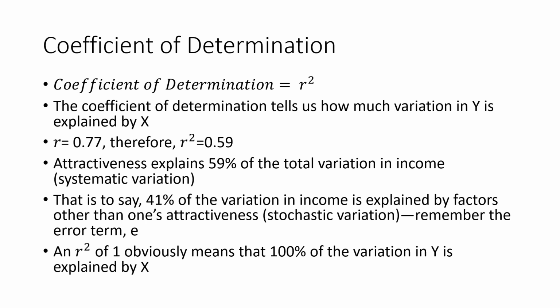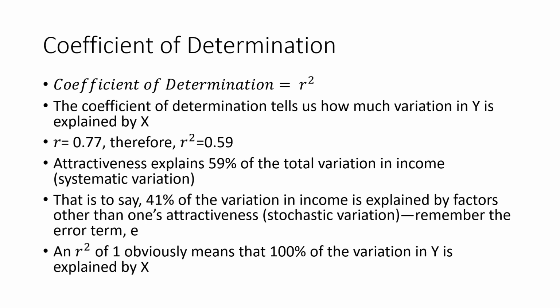Now, obviously, if we're only explaining 59% of income, that means that we're not explaining 41% of income. And the reason is that income is affected by a large number of variables that we haven't measured. So remember back when we talked about the initial equation, y equals bx plus a plus e, and we drop the e, which is the error term.